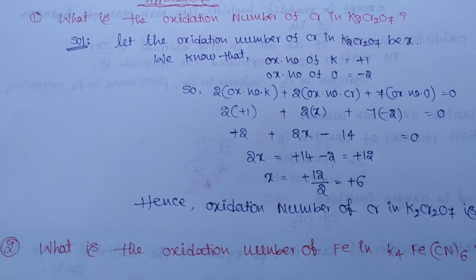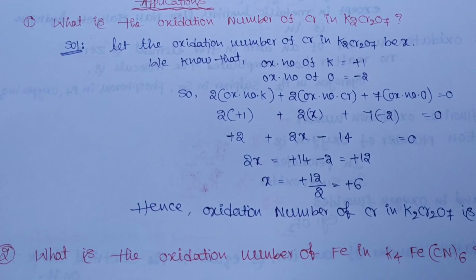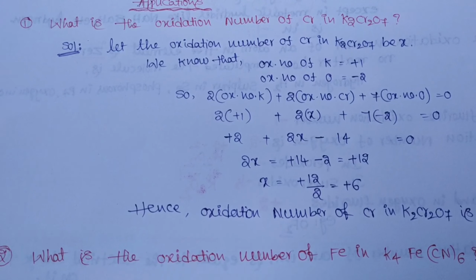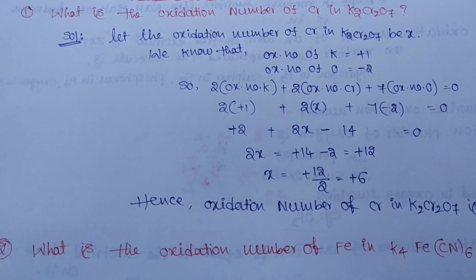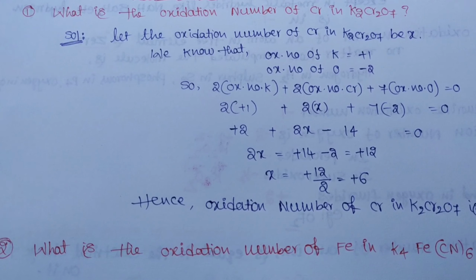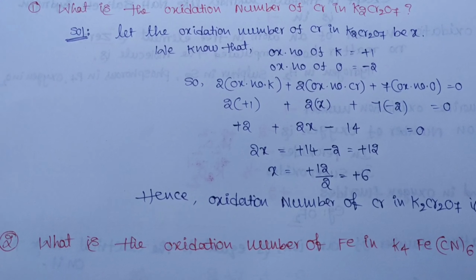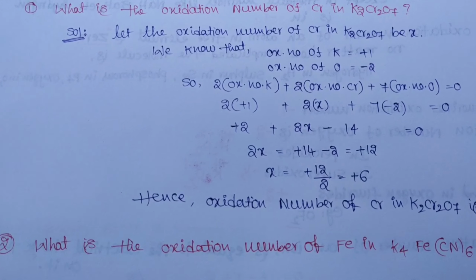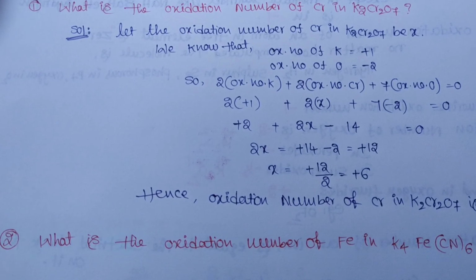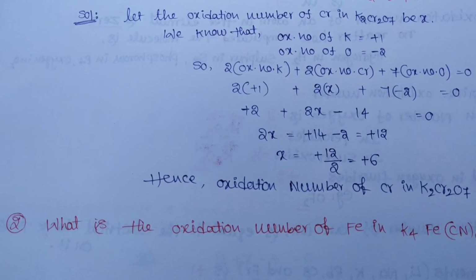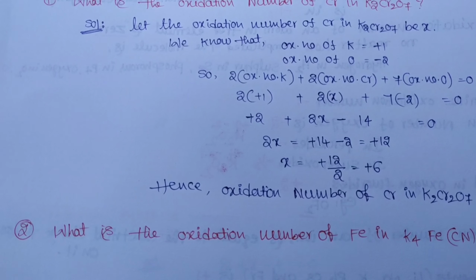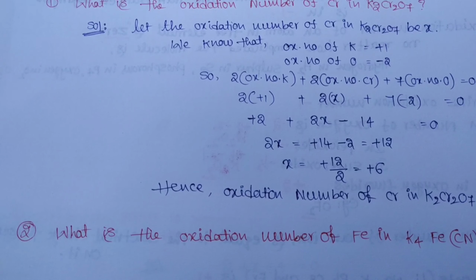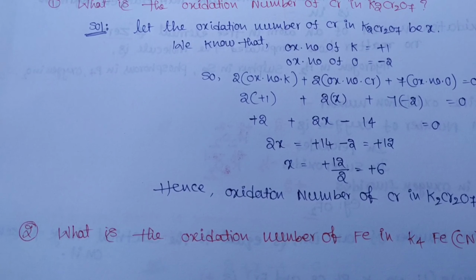So see the solution, how can we find out? So let's take X for the atom whose oxidation number you have to find out. So let the oxidation number of chromium in K2Cr2O7 be X. Then we know already the remaining atoms which are present, potassium and oxygen.